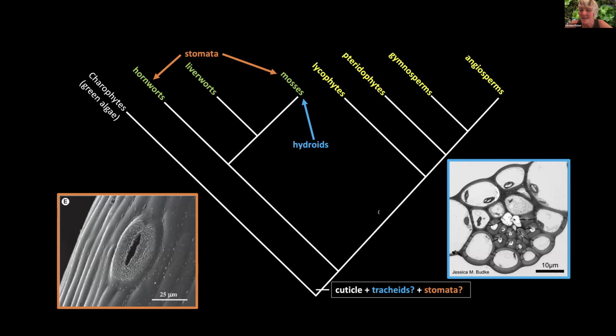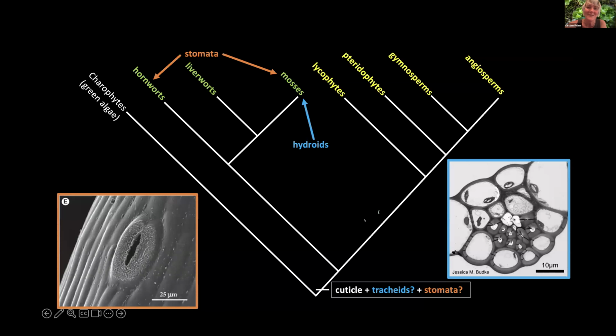And you can see there are some cells in there that don't look very specialized for water conduction, but they look a little bit like tracheids to us in the sense that they're dead at maturity and thin-walled, and open vessels basically in the moss leaves.